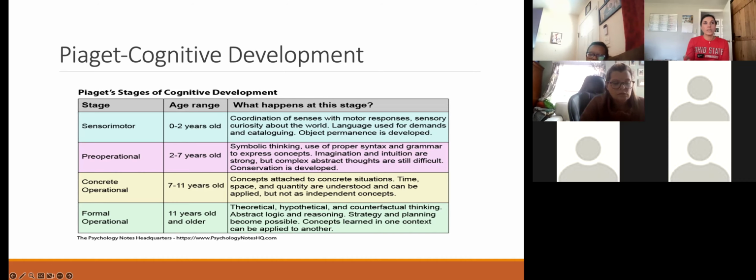We can apply concepts from different scenarios. We also get abstract thinking at this stage. So thinking about things that you can't physically put your hands on. So things like vulnerability or justice or freedom, those abstract concepts, something that you can't tangibly interact with, but you understand that it's real.